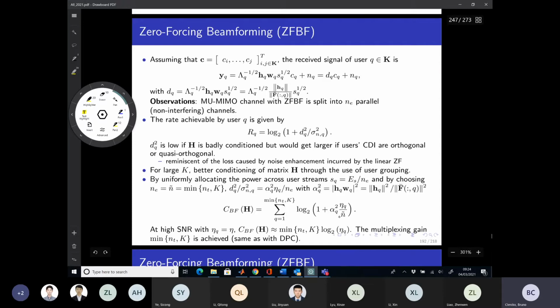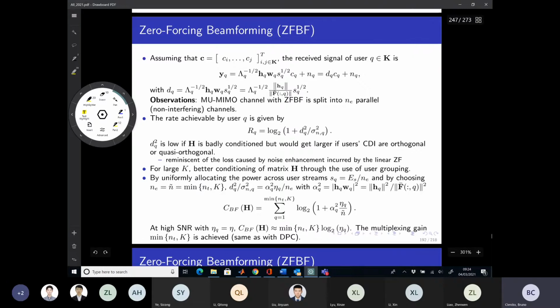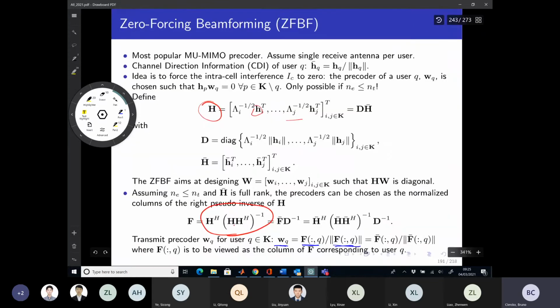This is just an SNR expression that you have after the zero forcing beamforming, with a certain power allocation. But the main message here is that roughly you have a sum rate that scales as the sum multiplexing gain multiplied by log2 SNR.